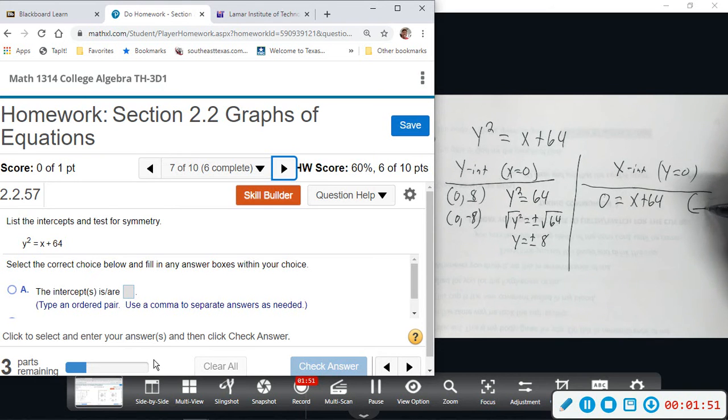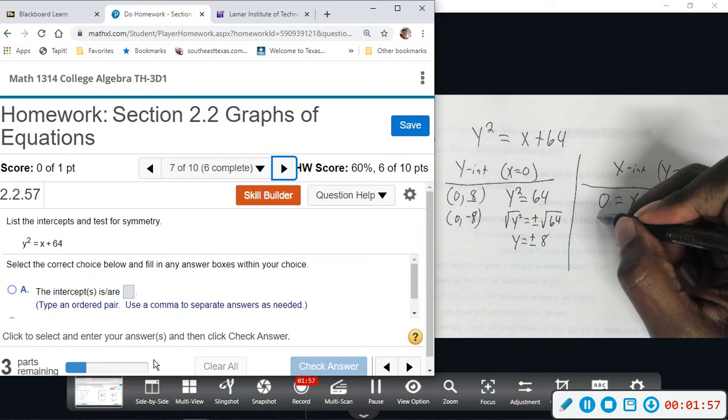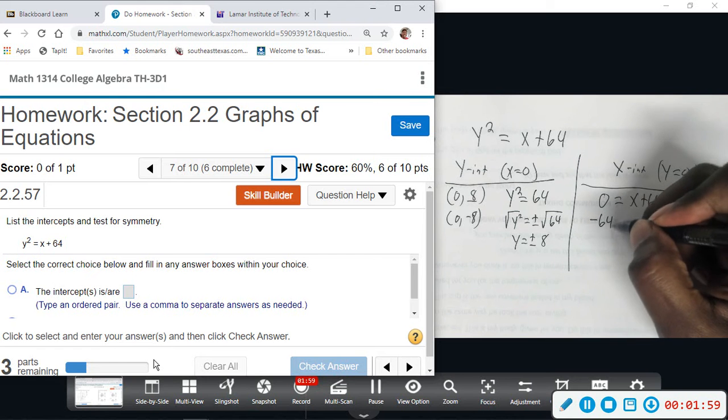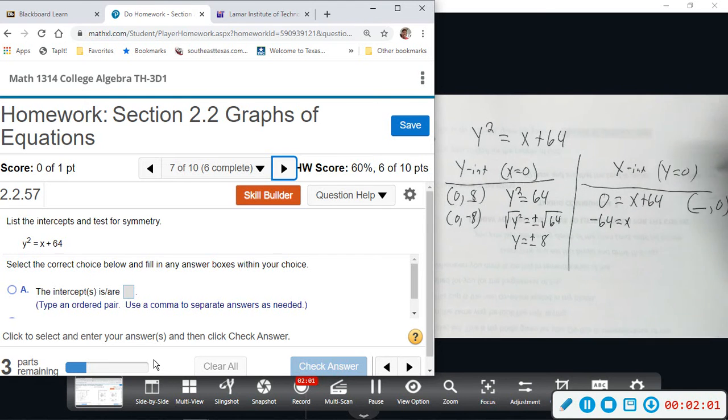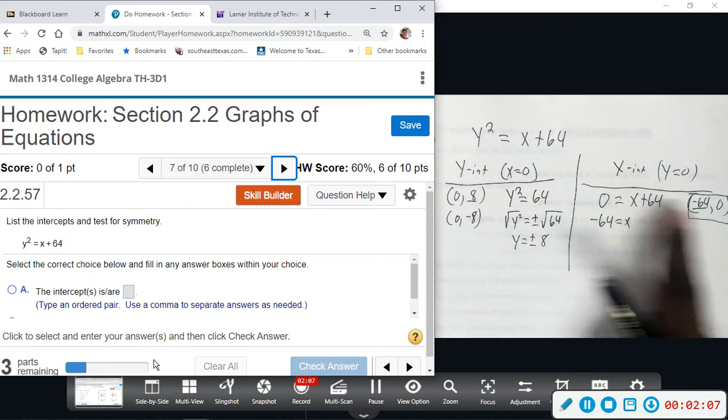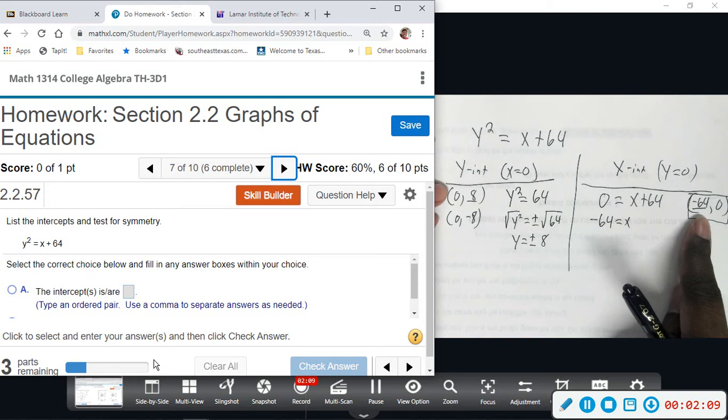It'll be some number for x and then 0 for y. Subtract 64. And we get negative 64 equals x. So we get negative 64. So here are our x and y intercepts.